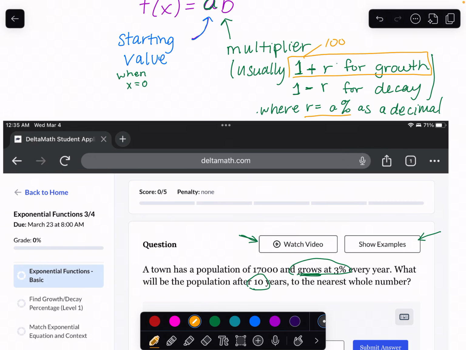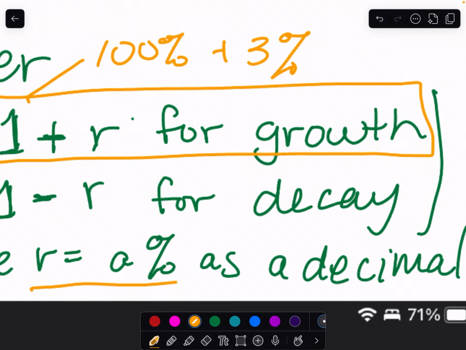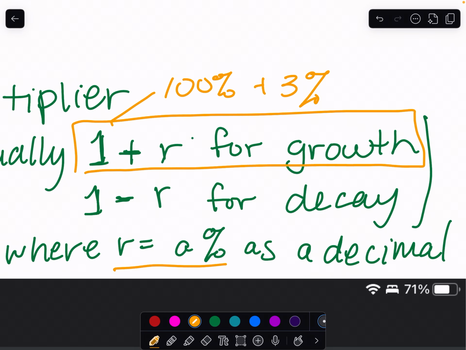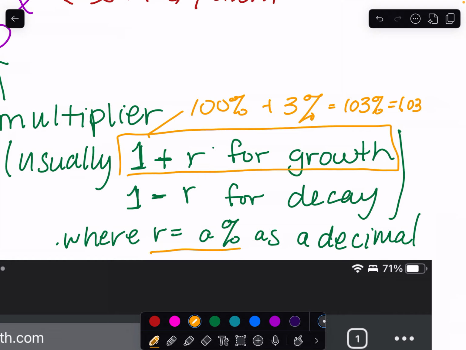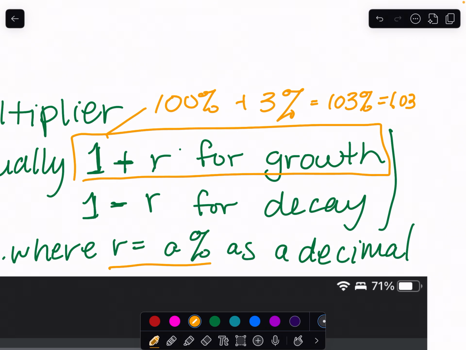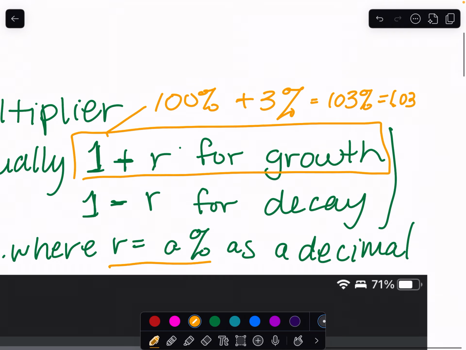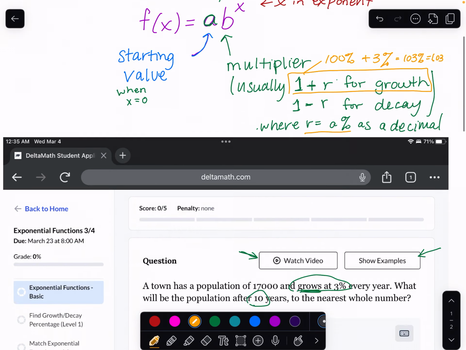And so if we have an additional 3% on top of that, then it would be 103%, which would be 1.03 right there. Does that make sense? Because it was 100% and it grew by 3% each year, so it would be 1.03. And that would be our multiplier, 1.03.